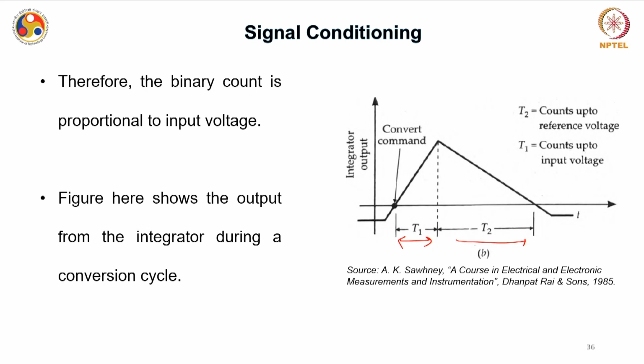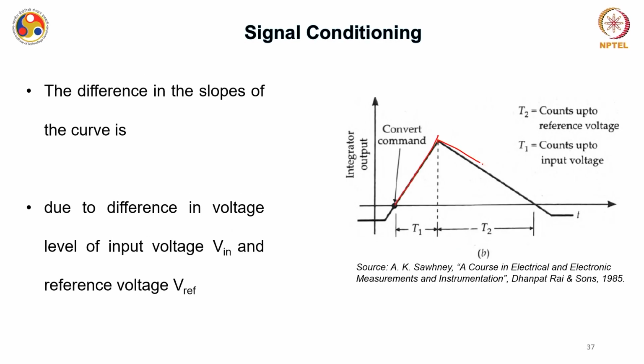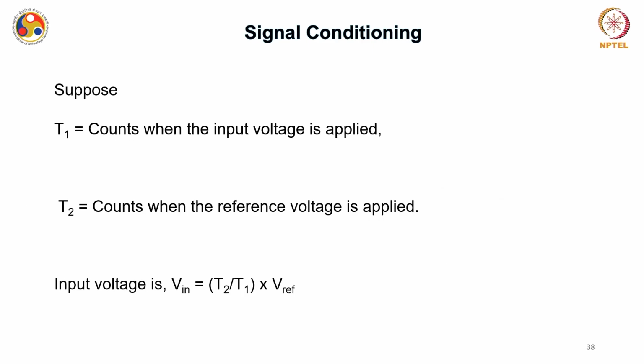The difference in the slope of the curve, like this slope and this particular slope, is due to the difference in the voltage level of the input voltage V in and the reference voltage V reference. Now, suppose T1 is the count when the input voltage is applied and T2 is the count when the reference voltage is applied. The input voltage V in is equal to T2 by T1 into V reference, and this we have also seen from our previous discussion.